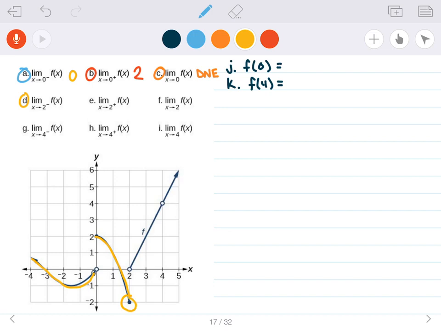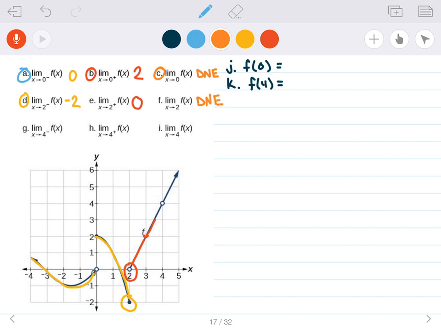Okay, so our limit as x approaches 2 from the left is negative 2. And as x approaches 2 from the right, what is it going to? Well, it's going to y equals 0. Okay, so again, this limit does not exist for the same reason that part C didn't exist. The left and the right hand limits are different.